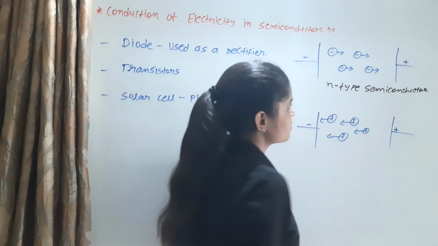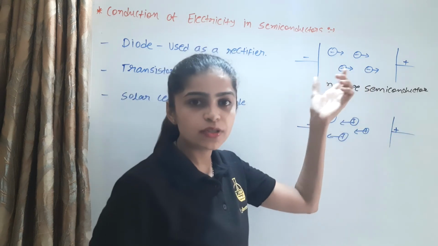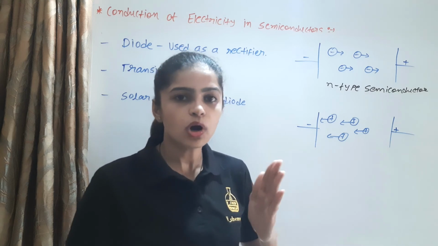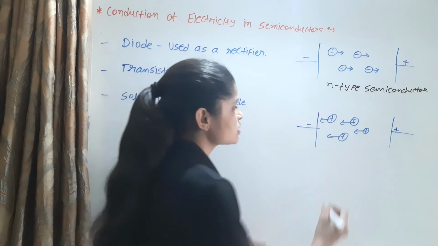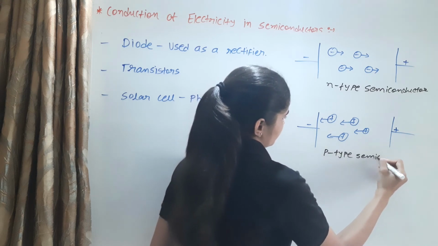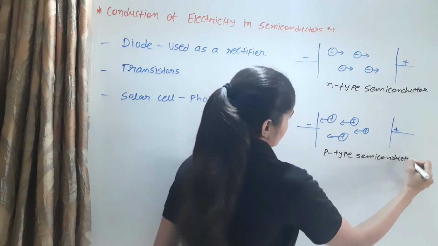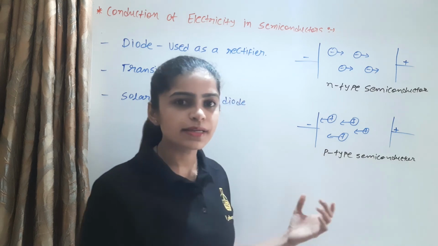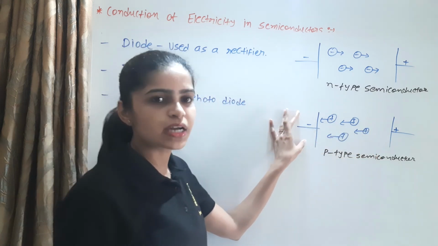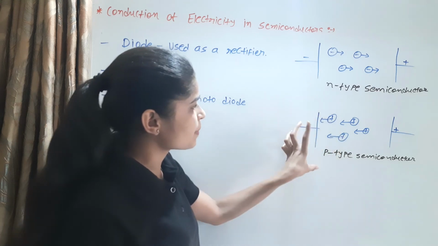Because in n-type semiconductors, a larger number of free electrons are present, and in p-type semiconductors, a larger number of holes are present. The hole has a positive charge. So this is the p-type semiconductor. When an electric field is applied on the silicon crystal, the positive holes move towards the negative charge. So that way, this is the n-type and p-type.